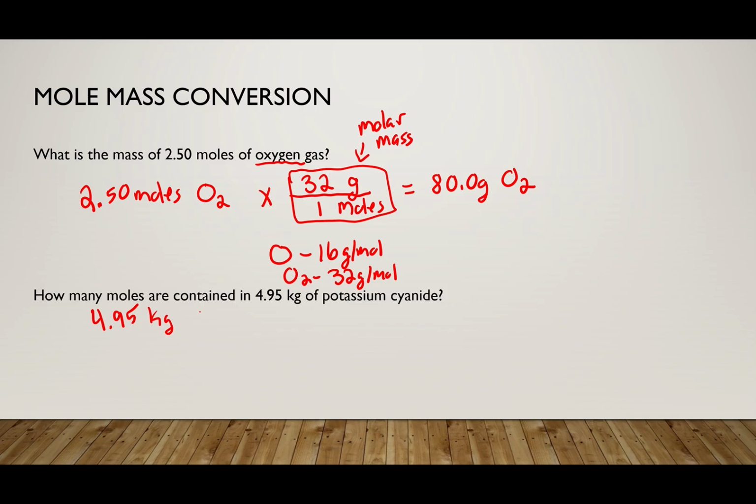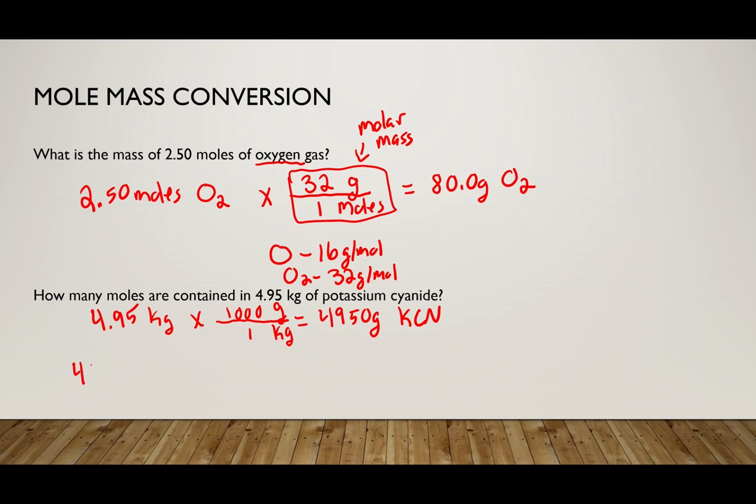So we're going to take our kilograms, set up our conversion. We want grams, we have kilograms. There are 1,000 grams in 1 kilogram, and so we have 4,950 grams of potassium cyanide, which is KCN.